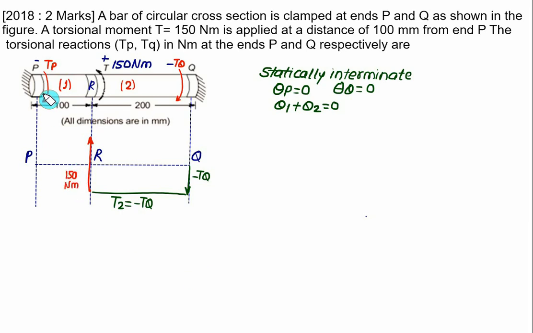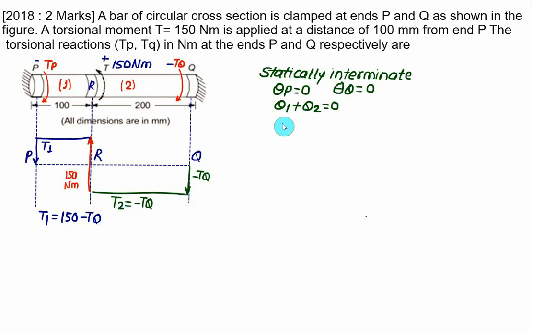Between P and R the torque remains constant. This value represents T1. T1 is the sum of the previous two values, that is 150 minus Tq, and the same value of T1 will be the torque at point P. So we know T1, we know T2, and we have theta 1 plus theta 2.